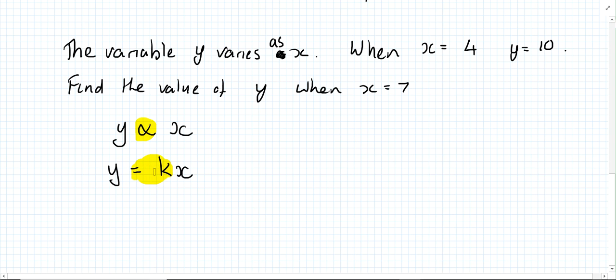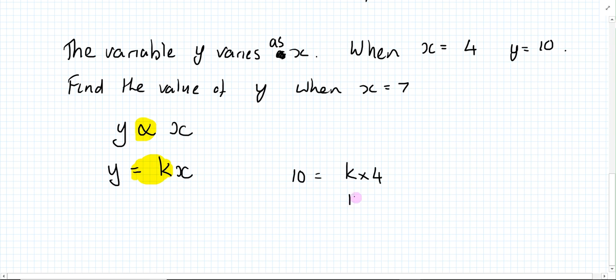So if we are told that they vary directly, we are going to look for the constant of proportionality. We're looking for that value that links the two. The way we do that is by saying, well, I know that 10 equals something times 4. 2.5.